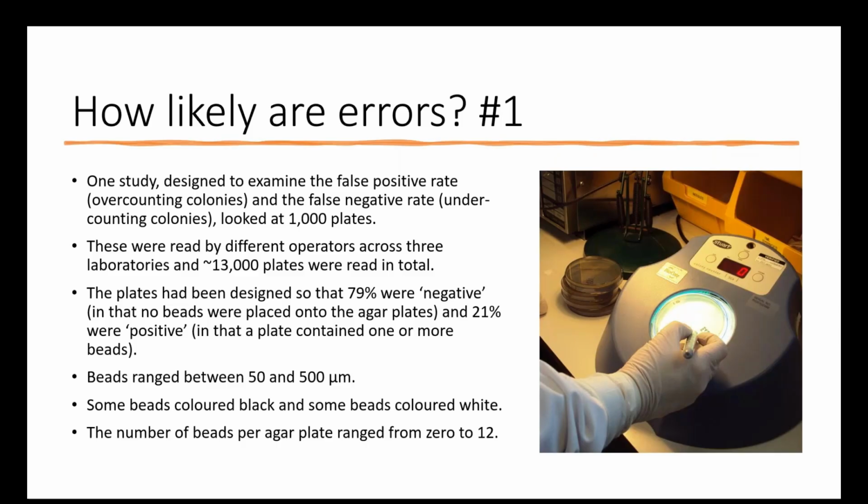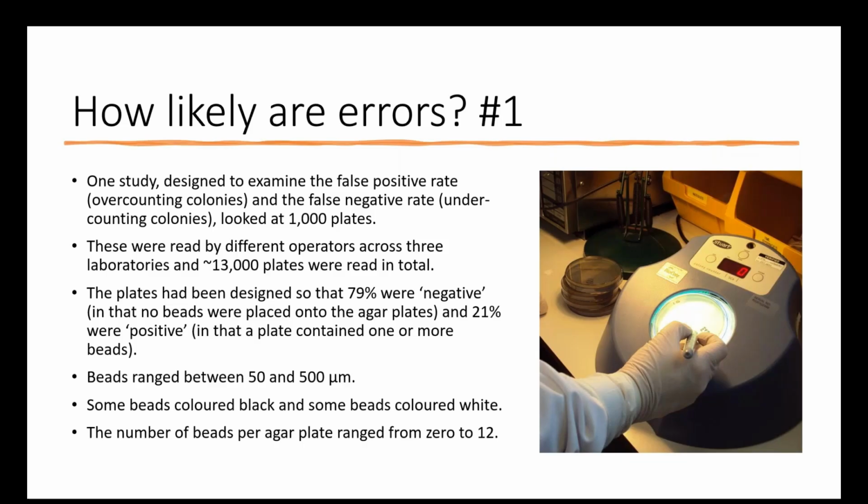And this was done by the use of tiny beads to represent colonies. Now, these beads ranged in size from microns, and some of the beads were coloured black and some were coloured white. So there's a number of design elements that were really there to challenge the operators as much as possible.